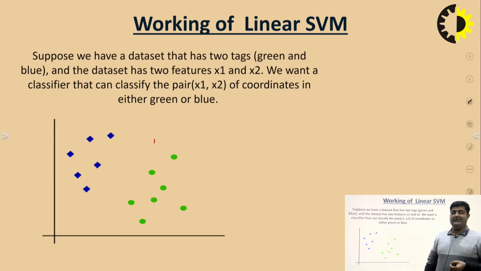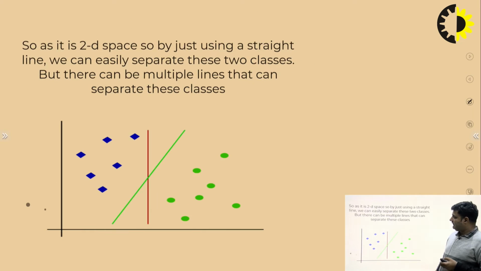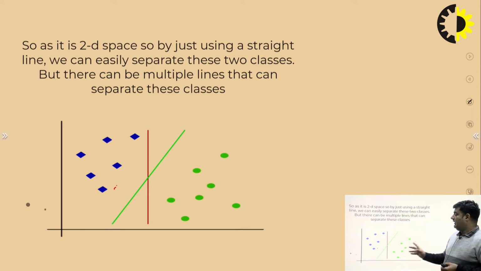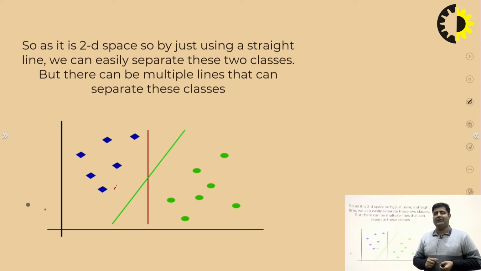Now what happens here? With the help of this line, we divide the data into two divisions, and the new item lies either in one place or the other. Now the problem in this SVM model is that suppose we have multiple lines.